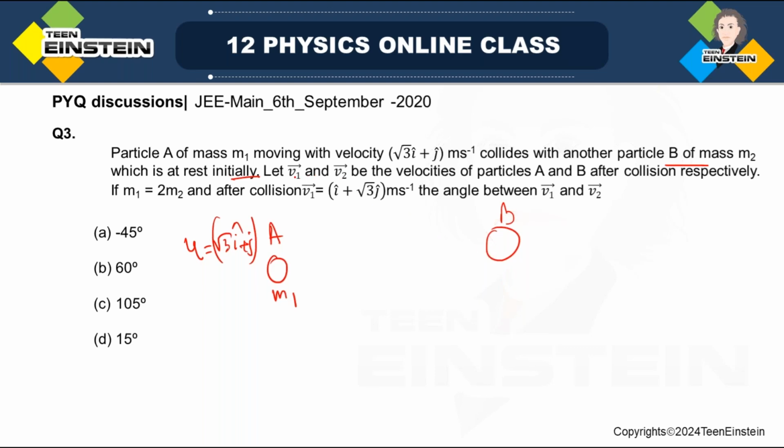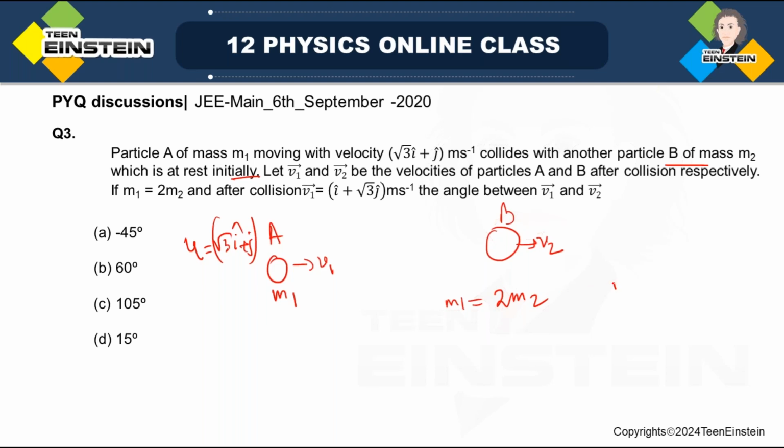And let us say v1 and v2 be the velocities of the particles A and B after collision respectively. So v1 after collision, and after collision this is v2. If m1 is equal to 2m2, this information is given. Let us say this is okay.